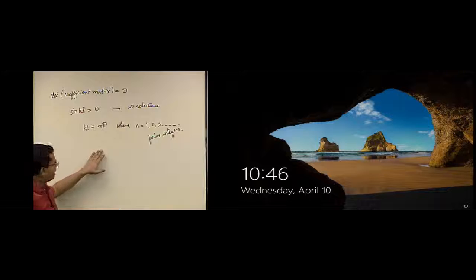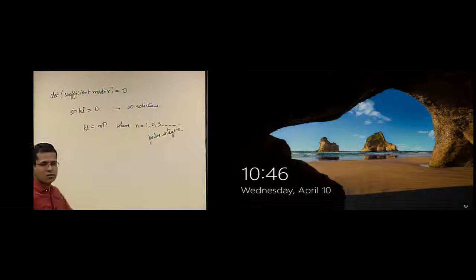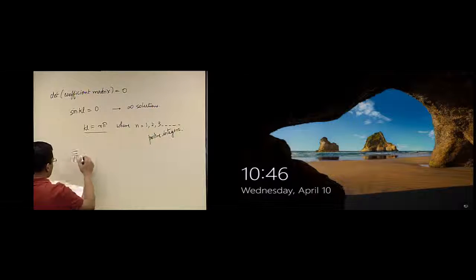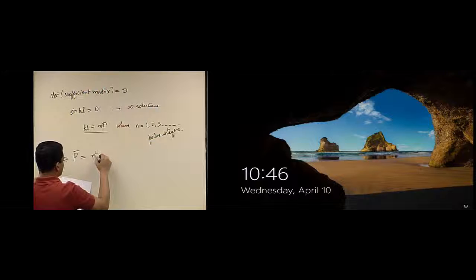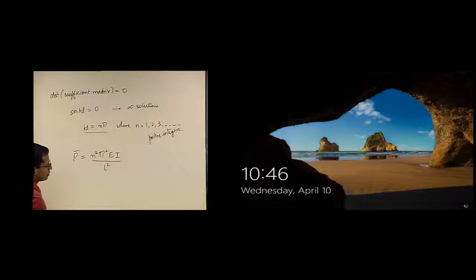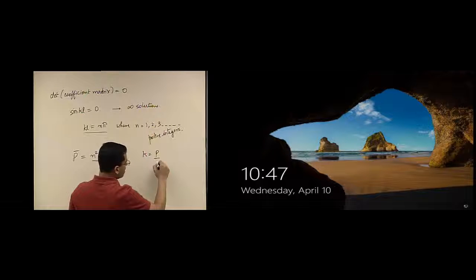of the system. If you take one of these values, you will get the eigenvectors, and you have infinite modes in which the buckling can happen. So for example, if we have KL equal to n pi, we can write P bar as n square pi square EI over L square, because K is equal to P over EI.